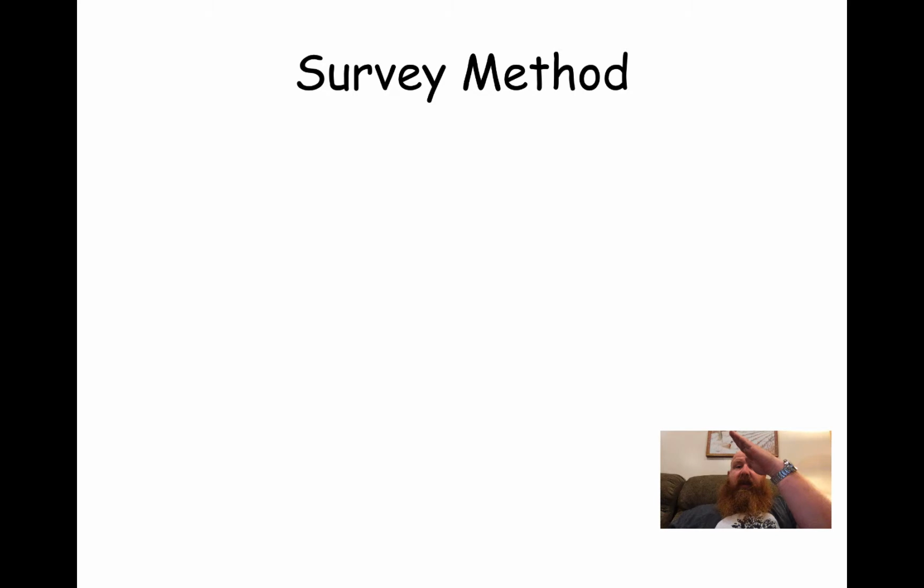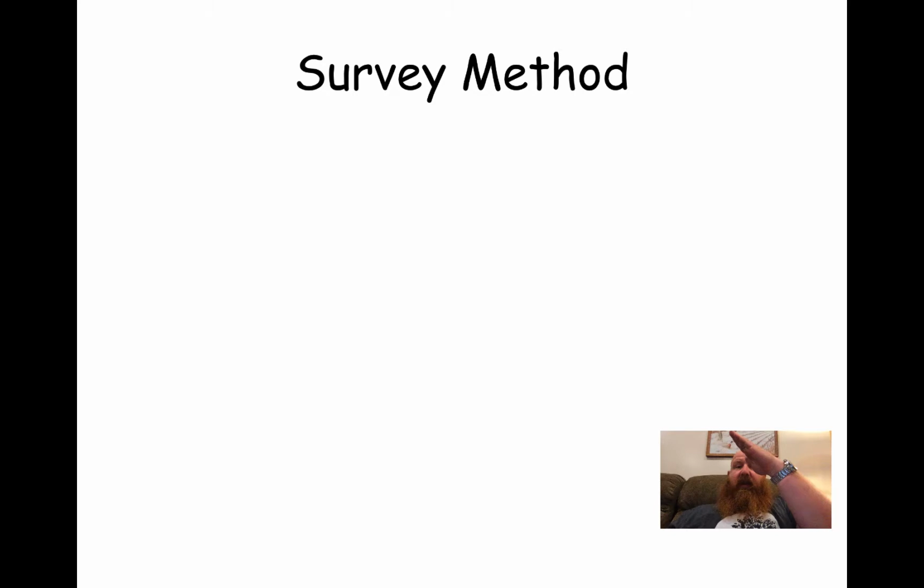All right, now we're going to talk about some of the different methods that we use in getting information as budding psychologists. The first one we're going to talk about, which is probably the most widely used, is the survey method.